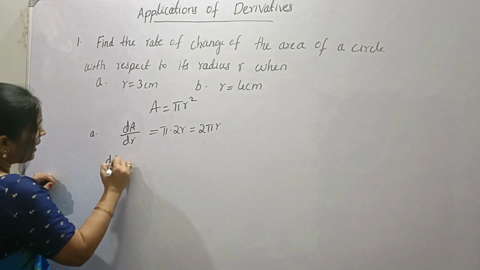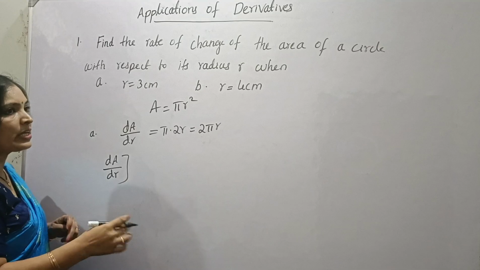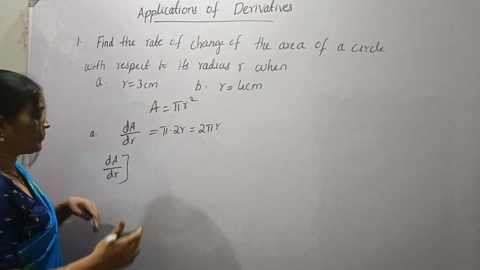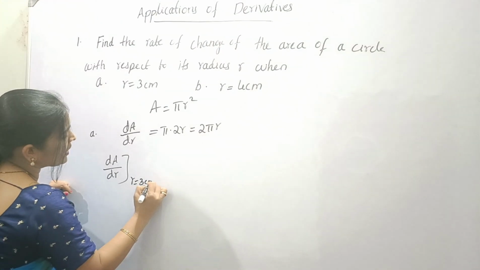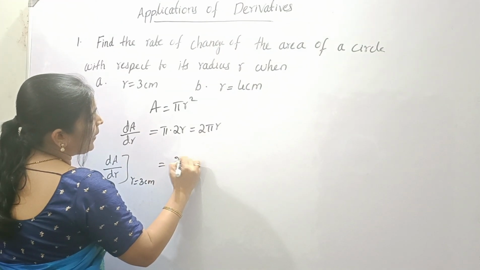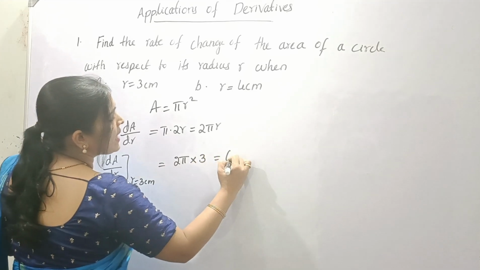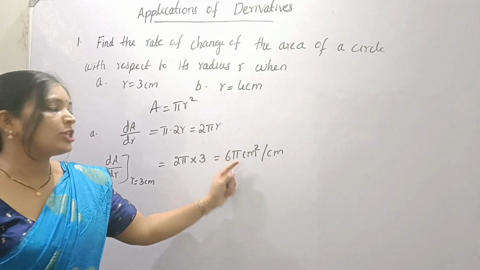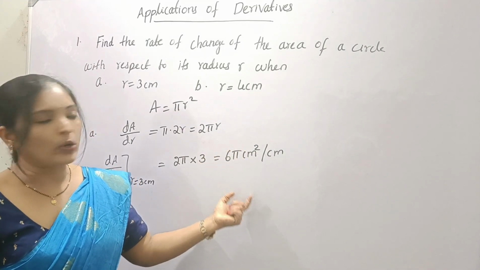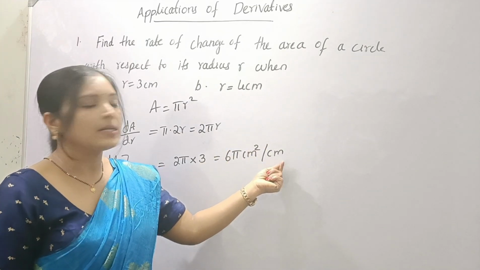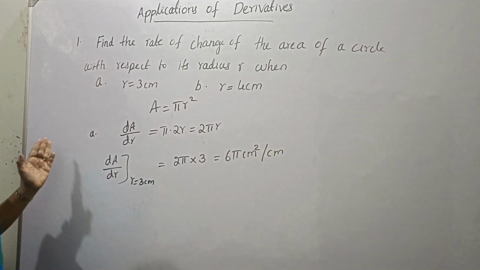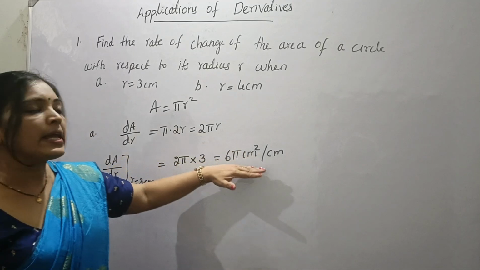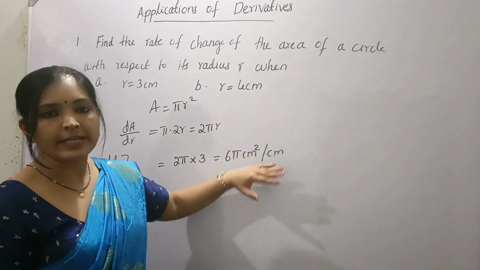So we have to find the rate of change of area with respect to radius when r is equal to 3 centimeter, that is 2 pi into 3, that is 6 pi centimeter square per centimeter. The unit of rate of change of area is centimeter square per centimeter, right? So the rate of change of area with respect to radius when r is equal to 3 centimeter is 6 pi centimeter square per centimeter.